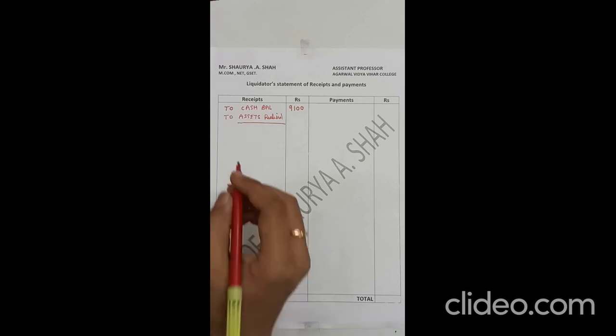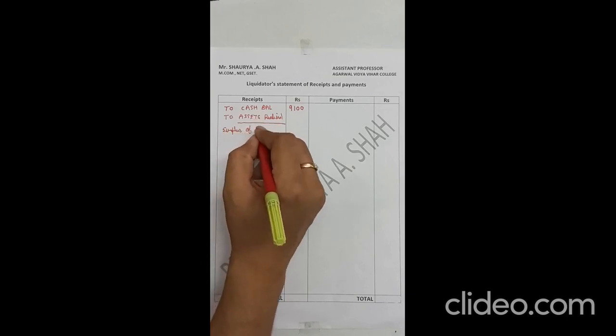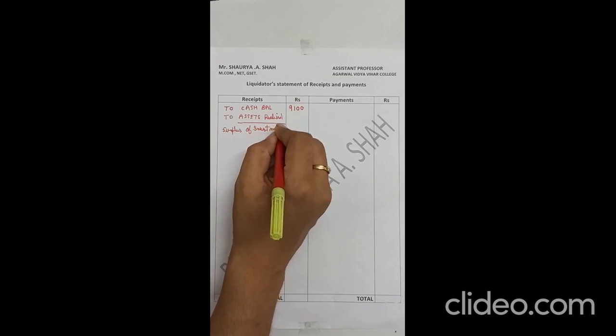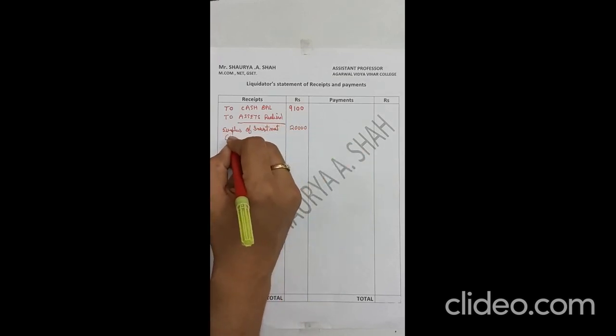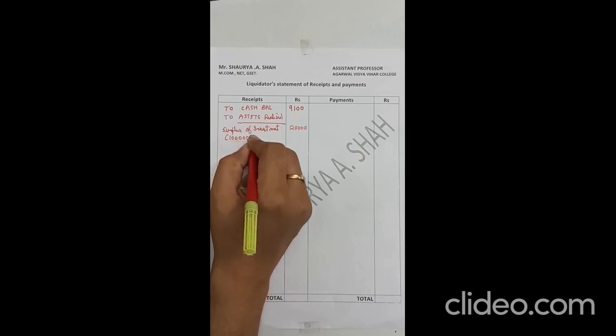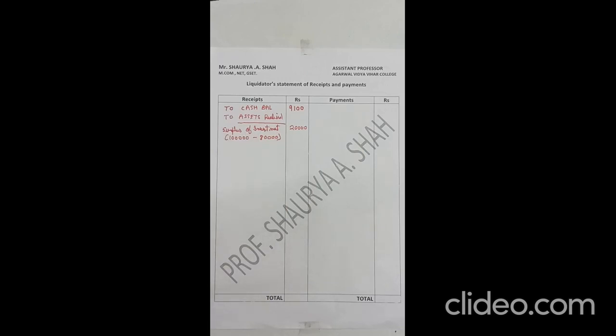So surplus of investment, first of all you will write down here. Surplus of investment, in brackets for your understanding I am writing 1 lakh minus 80,000 rupees. So for the surplus which we have received, I have written it here.